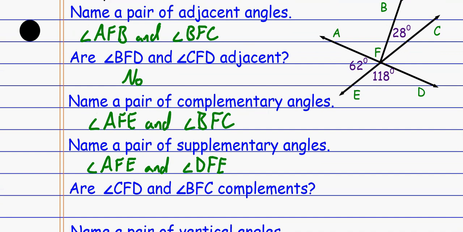The next one: are CFD and BFC complements? This is the one that I called into question a moment ago. They look like they might be complements, but I can't say for sure because there's not enough information given. So what we typically do here is we say no, and we say no because frankly we don't know.